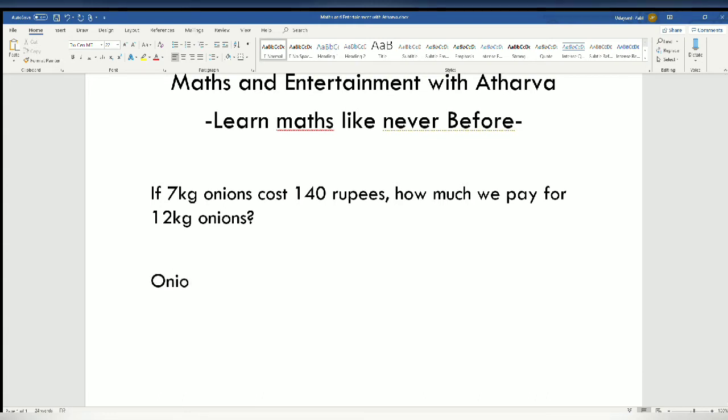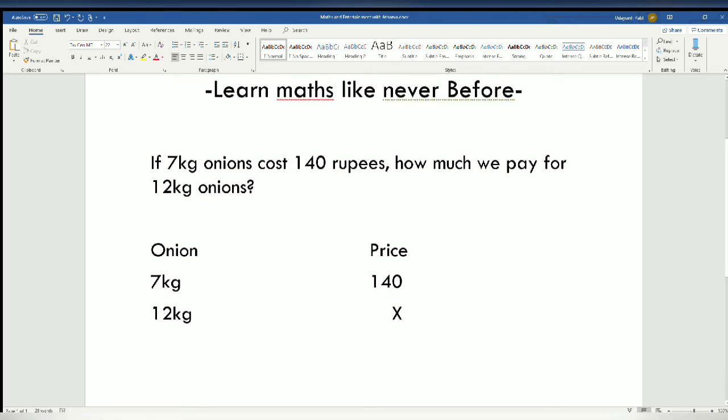Onions on one side and price on the other side. In onions we shall write 7 kgs and in price we will write 140. And the second one we shall write 12 kgs and here it is X. I have told you in the last videos, capital X means the value we shall find.